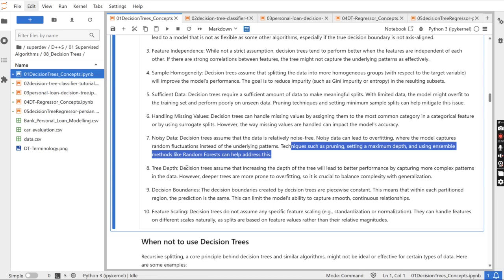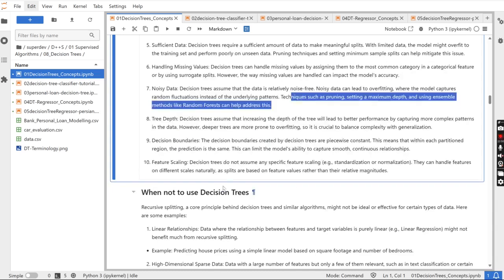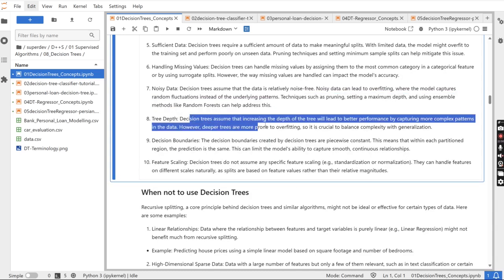Next is depth of the tree. Higher the depth, better the performance is what we generally observe, but it will result in overfitting. Hence the depth of the tree should be controlled. In order to achieve proper generalization, the depth of the tree should be somewhere between 6 to 10, max.